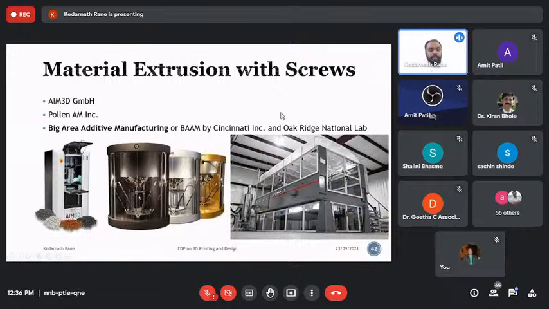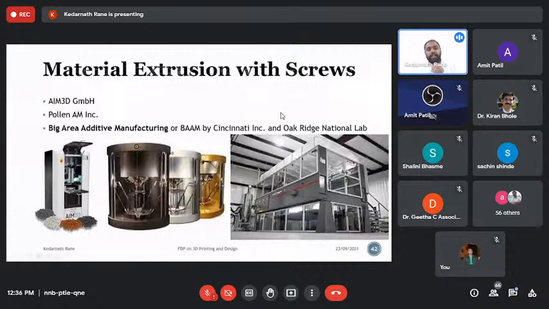There are other Delta printers available from Poland, AM, again an American company, and Cincinnati and Oak Ridge National Laboratory. They developed the big area additive manufacturing system, BAAM. You can remember this as similar to WAM, wire arc additive manufacturing.